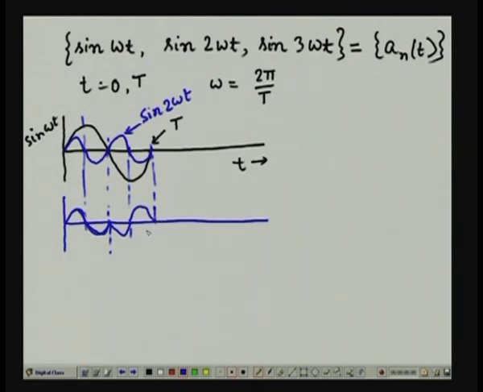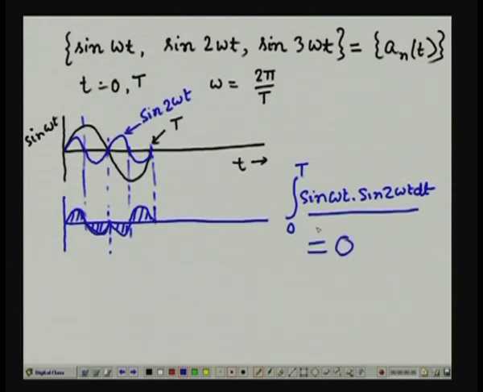Now, if I integrate sin omega t into sin twice omega t dt over the interval 0 to capital T, this integral is nothing but the area covered by this curve. If you take this area, you will find that the positive half will be cancelled by the negative half, and this integration will come out to be 0.